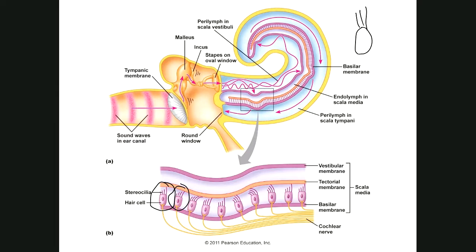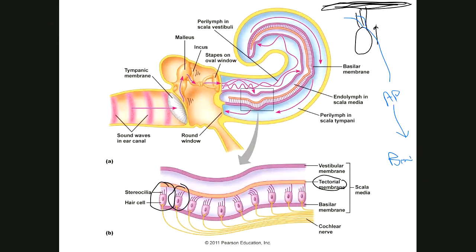The cilia are embedded in this tectorial membrane. There's the tectorial membrane. And when this basilar membrane moves, when it goes up, think about it, if I push this up, the only way that this can go up is if the hair bends over. And if the hair bends over, it sends an action potential to your brain.